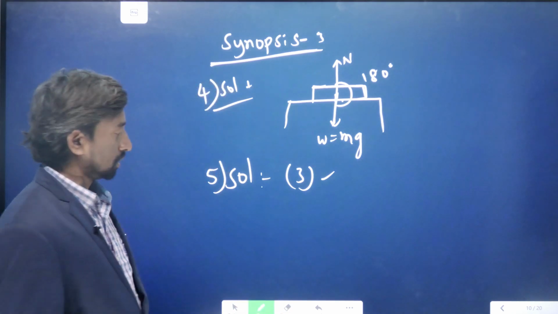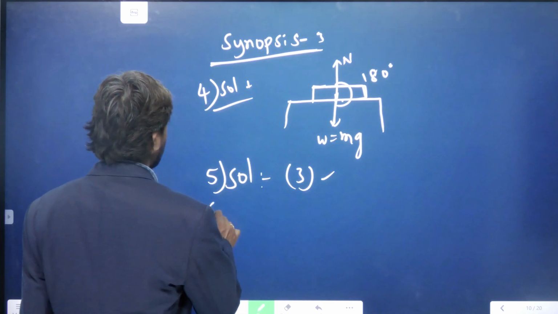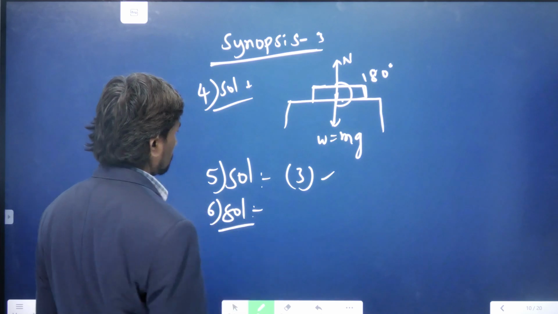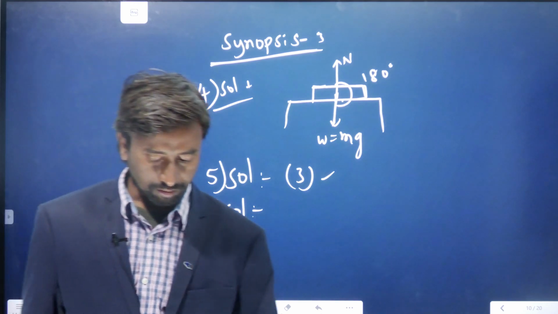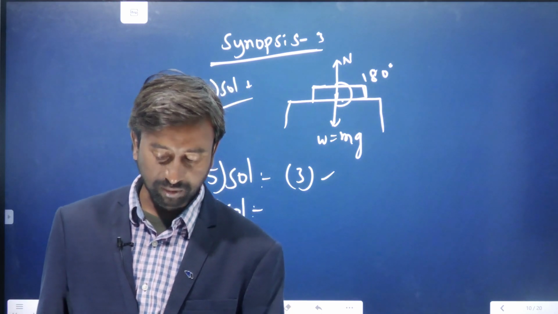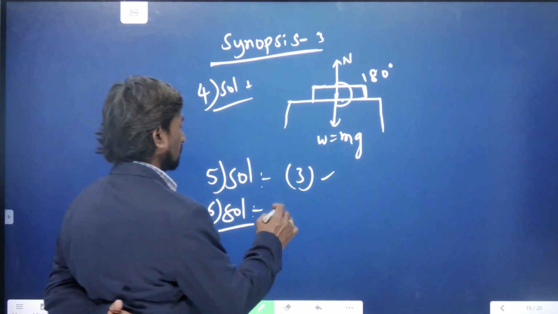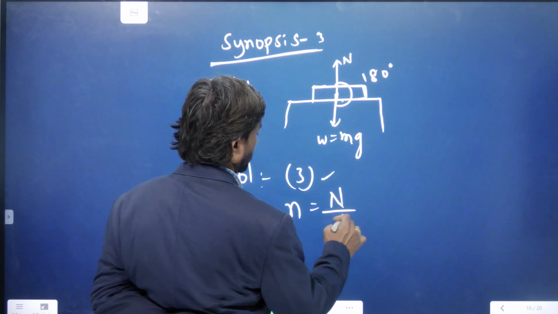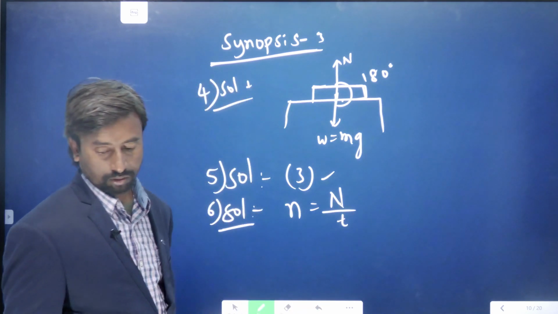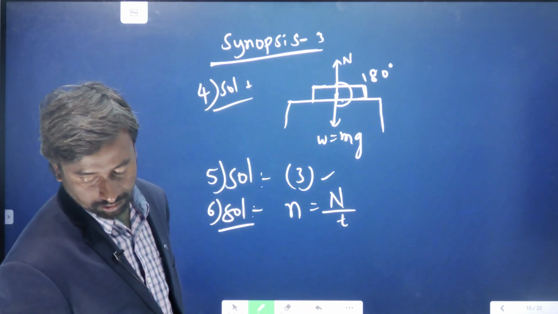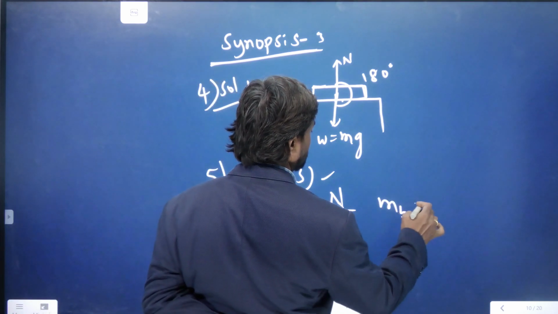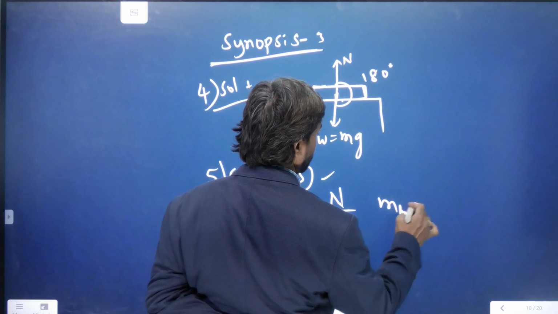So here the sixth solution. N number of bullets per second, so n by t. Here the mass of each bullet is mb, given as small m.